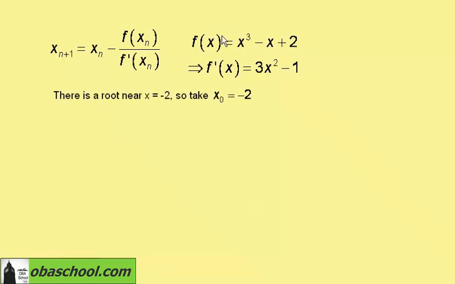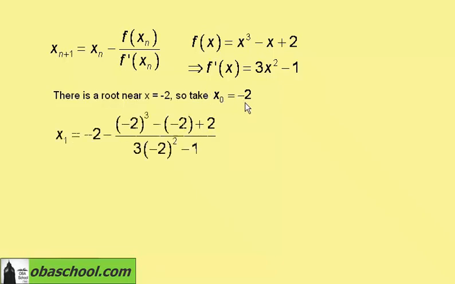There is a root of f of x equals 0 near to x equals minus 2. So we're going to take x naught equals minus 2. x1, the next approximation, is going to be minus 2 take away f of minus 2 divided by f dashed of minus 2.